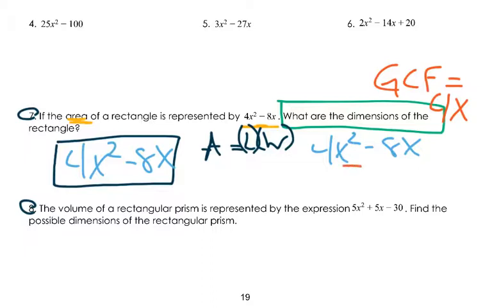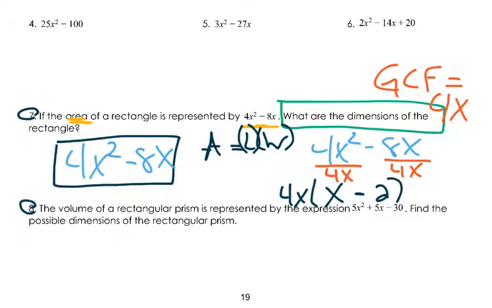So that's what I'm going to be dividing both of these terms by. We get 4x, and 4x squared divided by 4x leaves us with x. Bring down my operation, and 8x divided by 4x leaves me with 2.